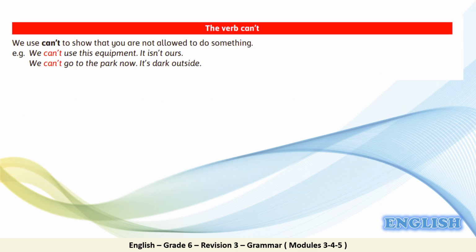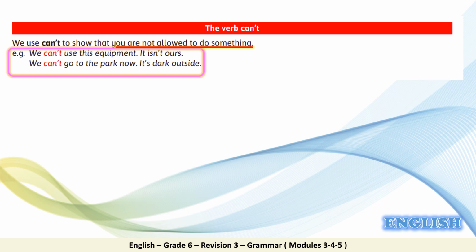For the verb can't, we use can't to show that you are not allowed to do something. It has nothing to do here with ability or inability. Can't here doesn't have anything to do with ability. For example, we can't use this equipment, it isn't ours.